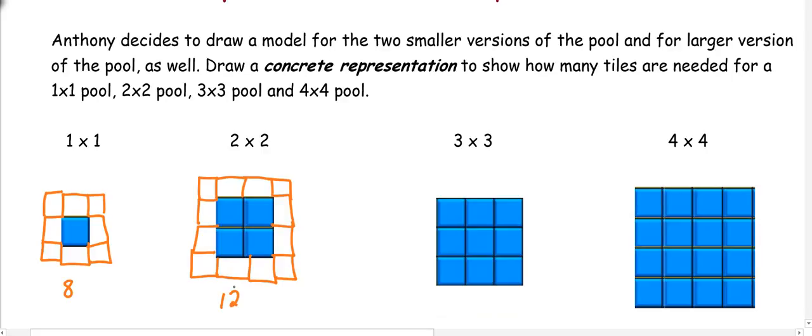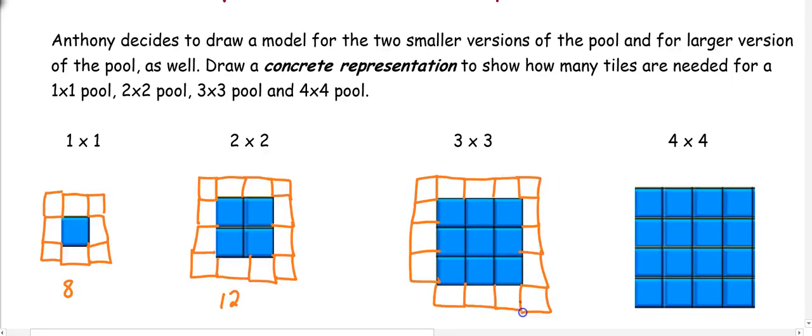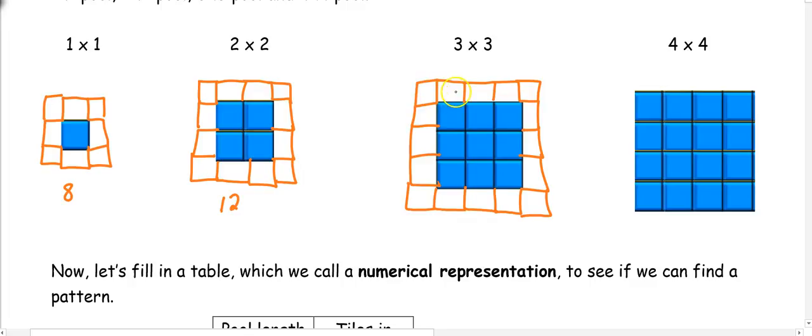For a 3x3 pool, we're going to need 3 tiles on each side of the pool to cover our length. Plus, I'm going to need 4, 1 for each corner in order to complete my border. So if I count my tiles in this one, I have 16 tiles.